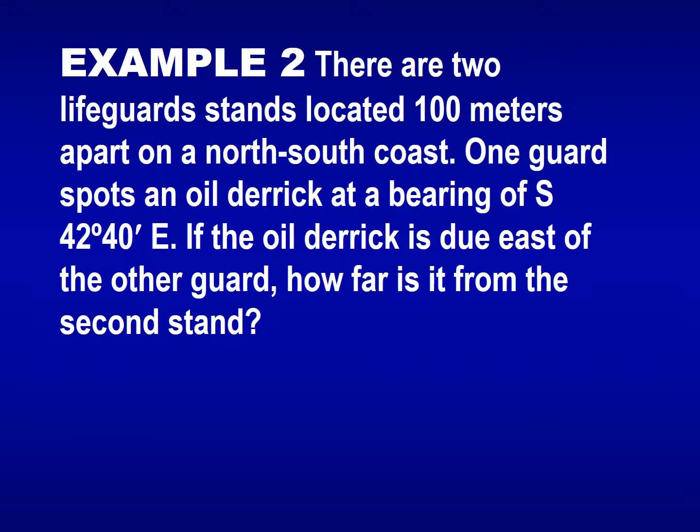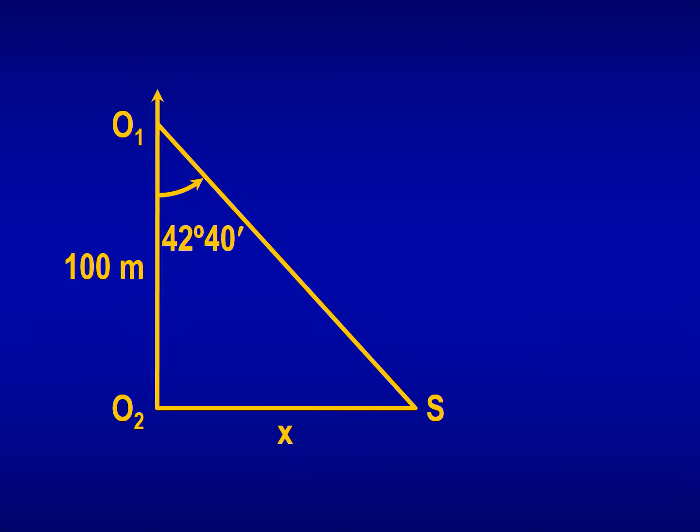So this gives us an angle, and we need to know how far is that oil derrick from the second stand. So we're talking about something that's east, right? East. So if I were to draw on my triangle, I know that oil derrick is somewhere off to the right side of my triangle. There, like this. Okay, so here we go.